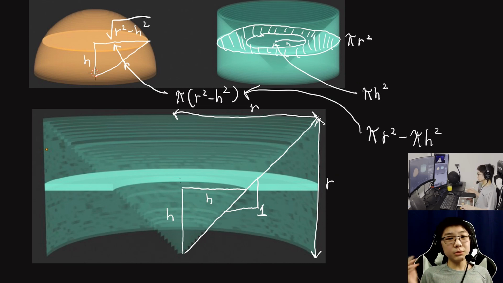And the volume in between our cylinder and cone is going to be the volume of the cylinder, base times height, so that's going to be pi r cubed, minus the volume of the cone, which is going to be 1/3 pi r cubed. So therefore, the volume of this hemisphere is 2/3 pi r cubed. And because of that, the volume of a sphere is 4/3 pi r cubed.